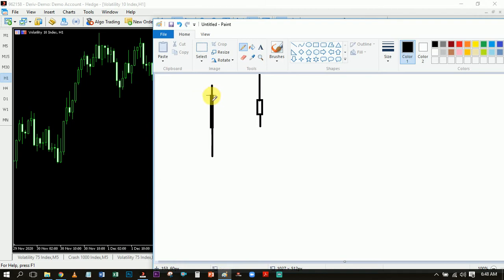Then it later moved up to this level, then started coming down and dropped to this level, then pushed back up again to this level, then closed.